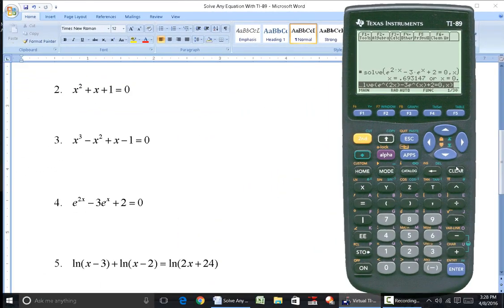Now the next one is a log equation. So again, for exponential equations and log equations, I would use the standard solve function, number 1, and then enter the equation.